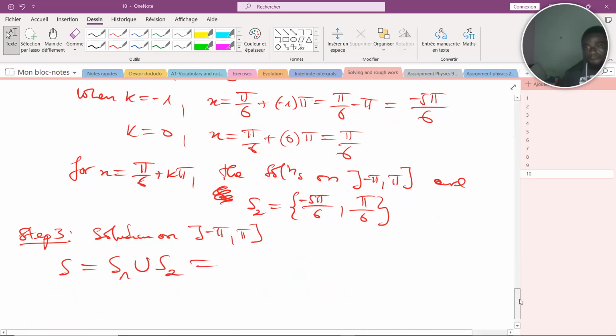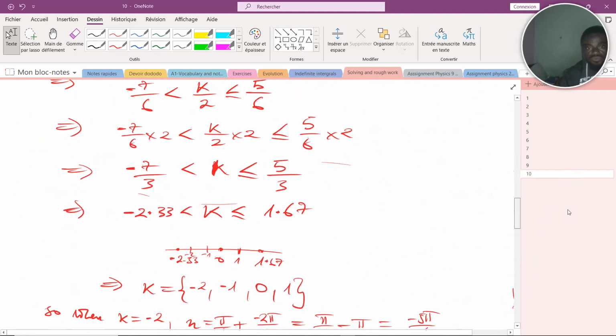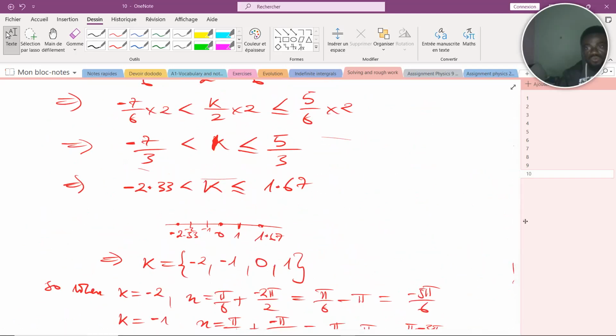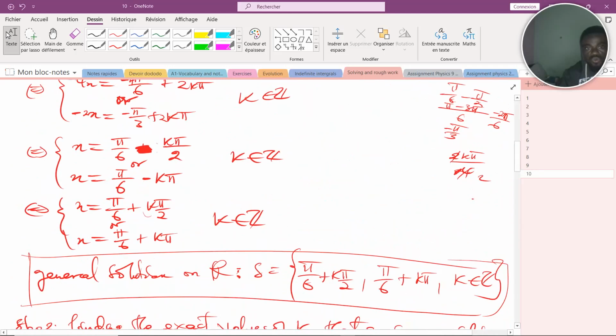Is that okay? Because remember that when we're finding the general solution, what is the word that's always used here? Or means union. You get what I'm saying?